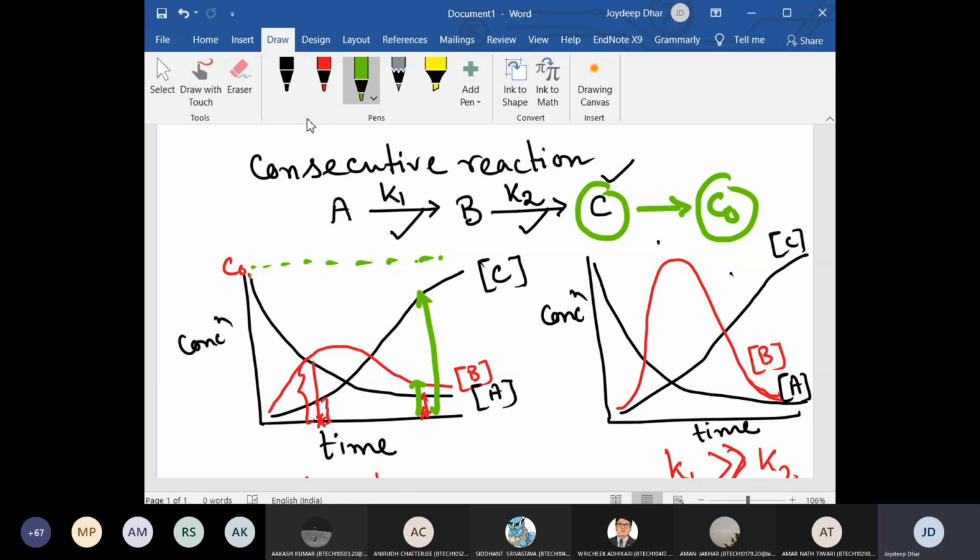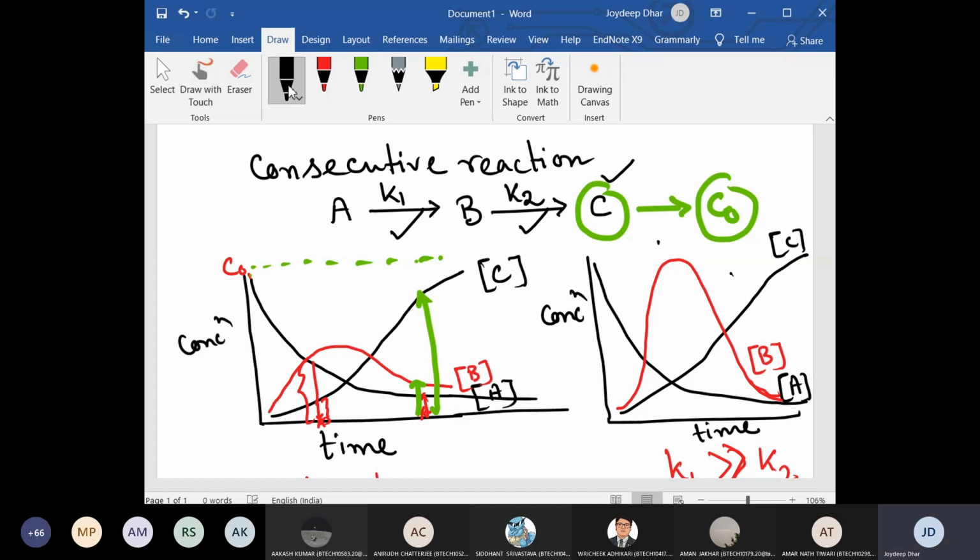Because this is a first order reaction. In a first order reaction, and I have considered both A and B as first order, they will never be 100% consumed. If you remember the graph, the concentration of A will never touch 0.